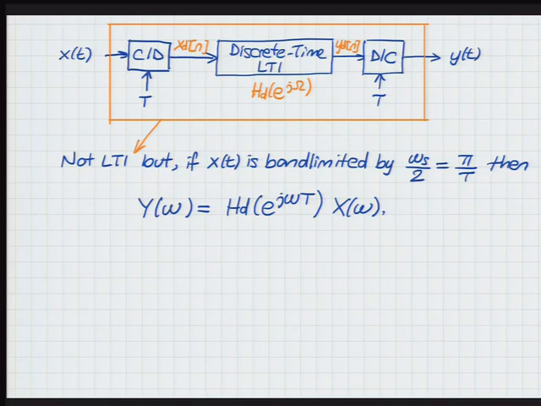Under those conditions, we can take the discrete time LTI system, look at its frequency response, and substitute for big omega, which is in units of radians, little omega times T. That just does a correction between the two types of frequencies we talked about, and that will serve as an effective frequency response of the continuous time block, I mean, of the whole orange block viewed as a continuous time system.